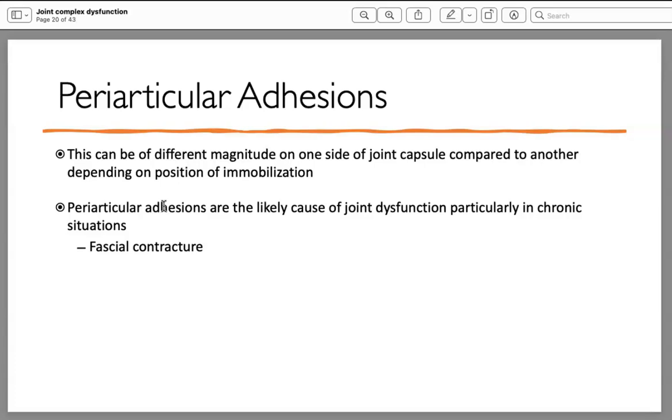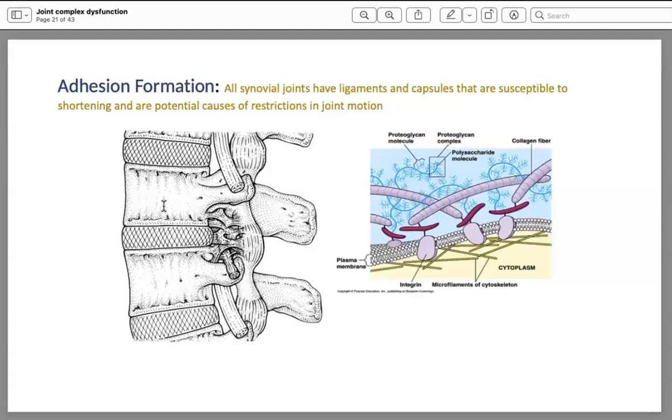If you're dealing with some level of chronic joint dysfunction, those other tissues or adhesions will probably be involved, because all of our synovial joints have different ligaments and capsules that are susceptible to shortening and scar tissue buildup depending on the injury, which can cause restrictions within your joint.